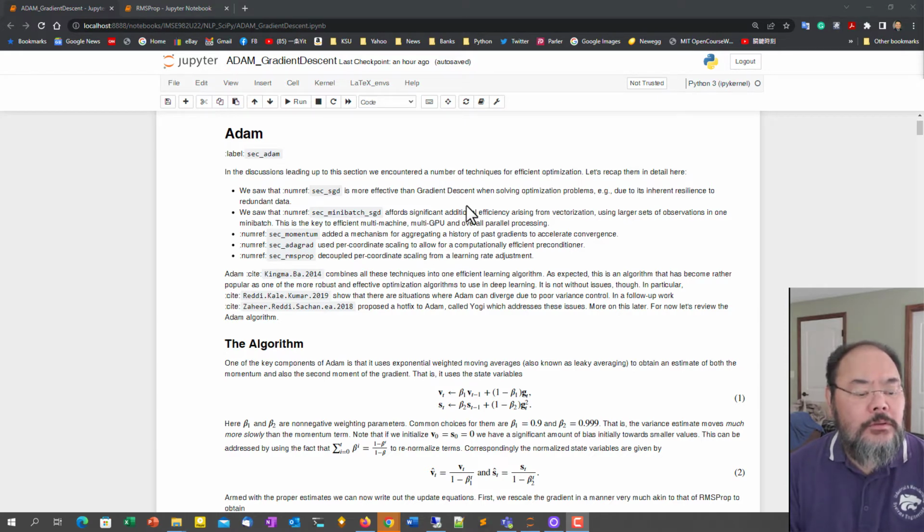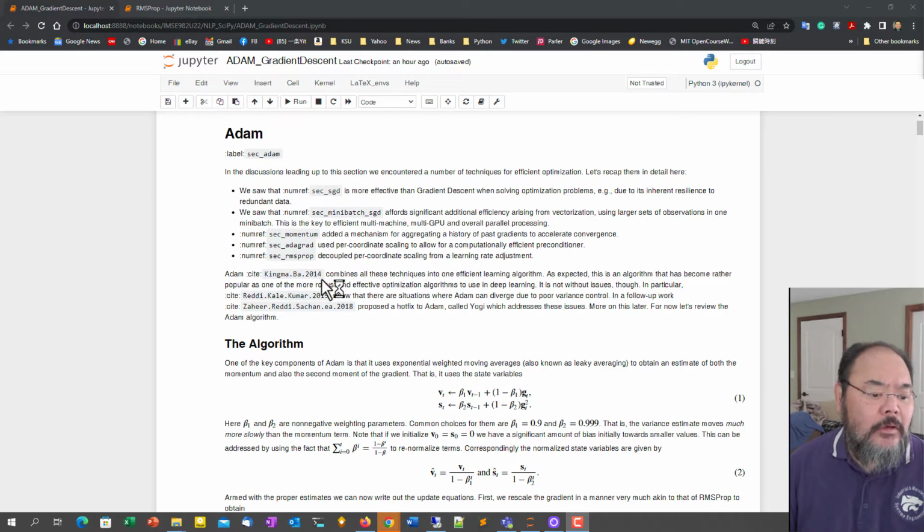I have shown how this is used for parallel machines or multiple graphics processing units. Then we will talk about momentum, Adagrad and RMSprop. So these are the algorithms we're going to start talking about.